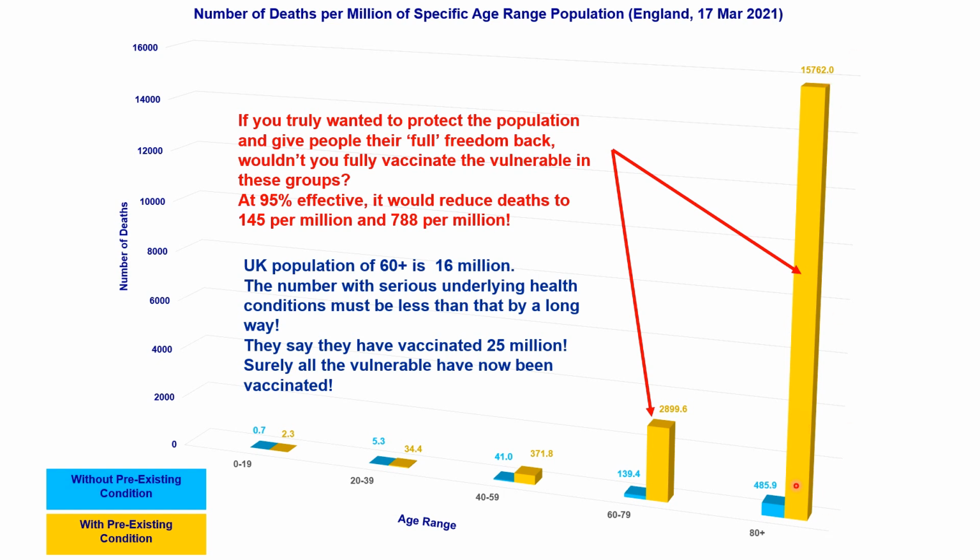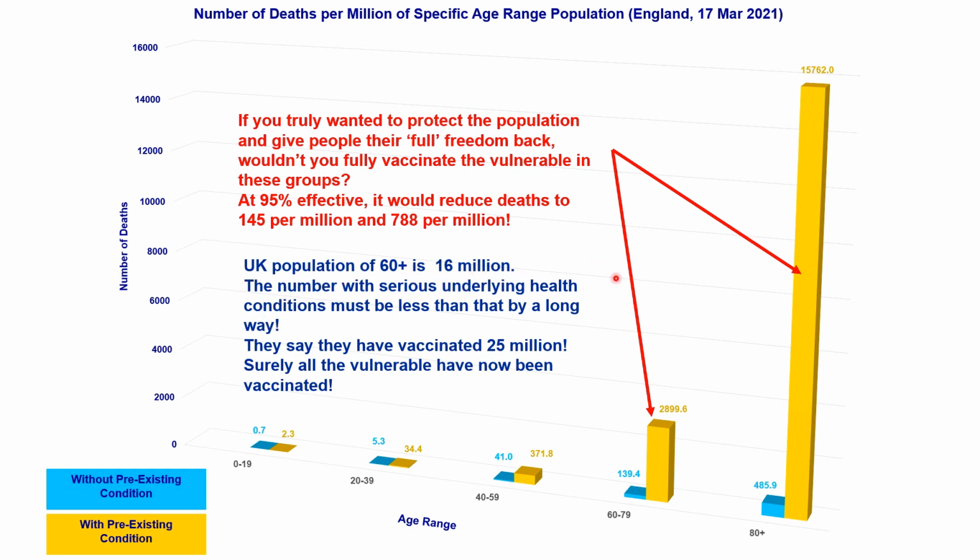So it'd take it down to here and here. Now, wouldn't you just do that and let everybody else live their life and let the crippling effects to the economy go away?